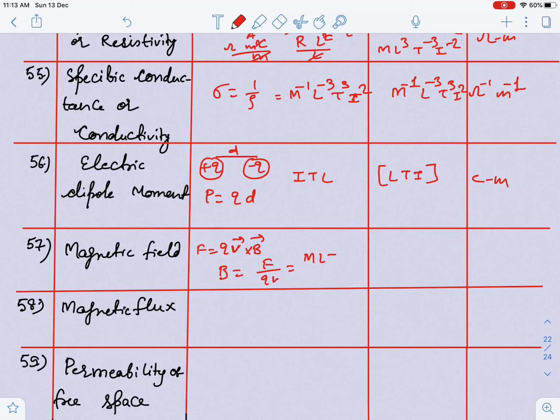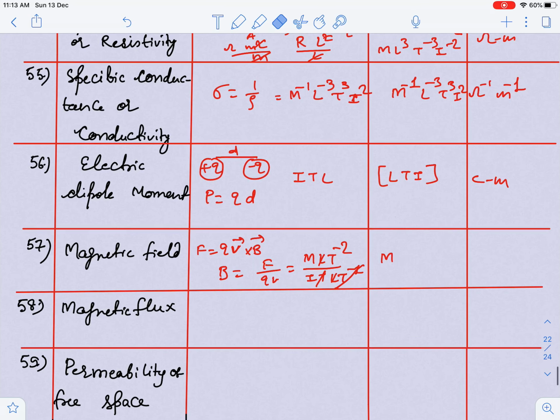F is M L T^-2, charge is I T, and V is L T^-1. So T^-1 and T cancel out, guys. So this will become M, L and L cancel out, T. M T^-2 I^-1. This is the dimension of magnetic field.